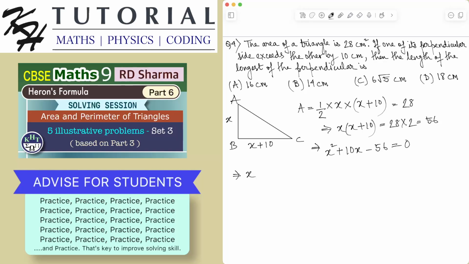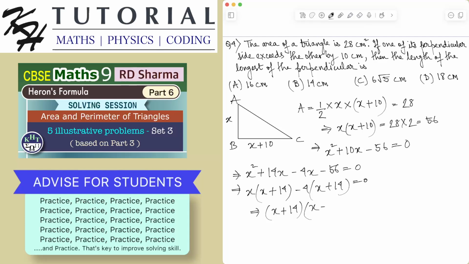So this is x square plus 14x minus 4x minus 56 is equal to 0. This implies x multiplied by x plus 14 minus 4 times x plus 14 is equal to 0. This implies x plus 14 multiplied by x minus 4 is equal to 0.